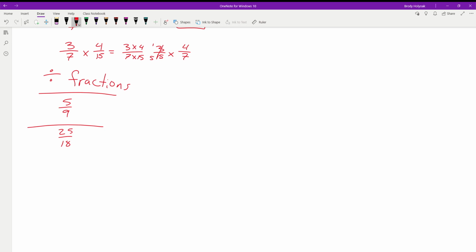So what do we have in our toolbox to be able to make this problem easier to solve? We're going to convert it into a multiplication problem. Okay? So what we do is we take the divisor, we invert it, and we multiply it to the dividend. So this becomes 5/9 times 18/25.